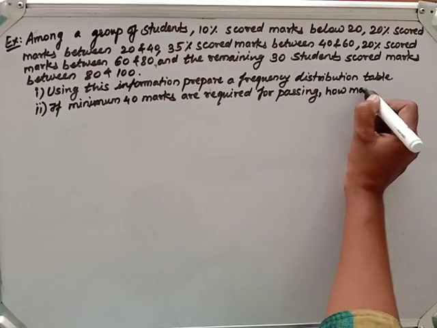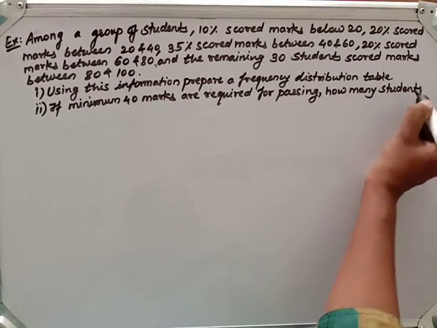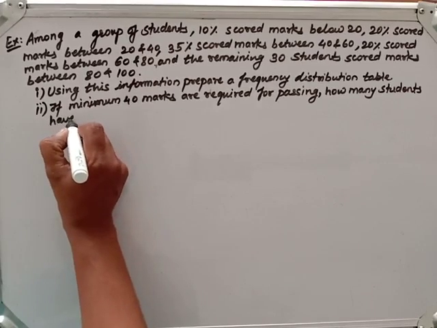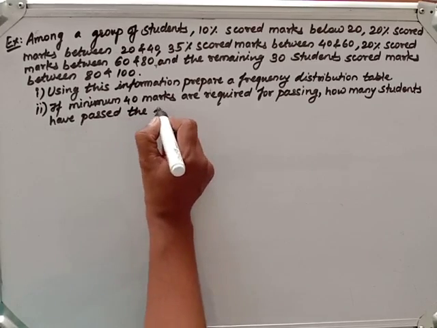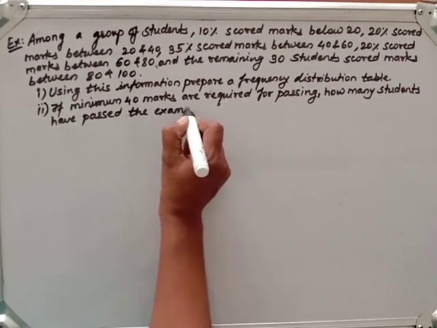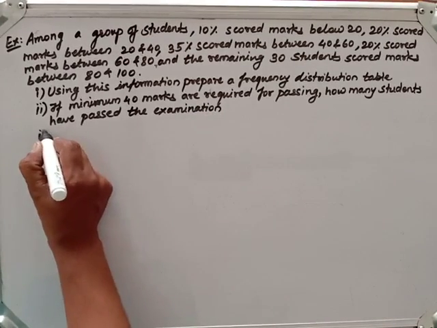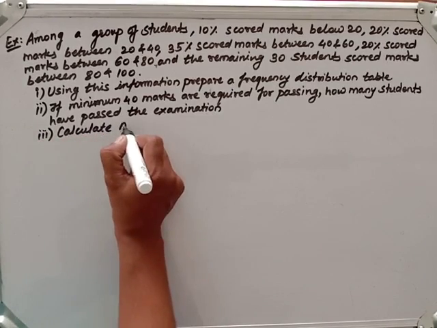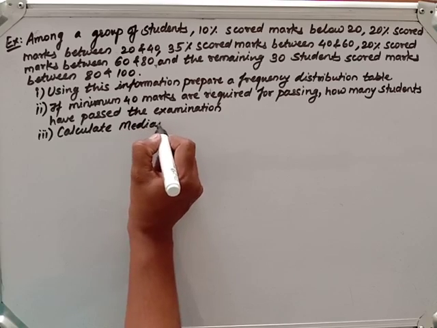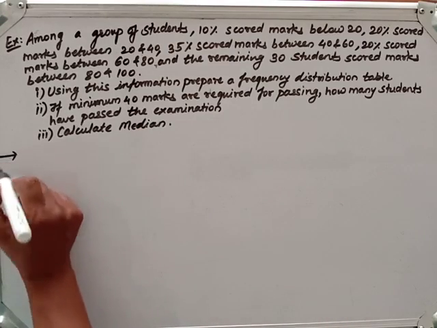The question is that how many students have passed the examination? And the third thing is that calculate median. So from this data, first of all we have to prepare a frequency distribution table. So let us go for that.